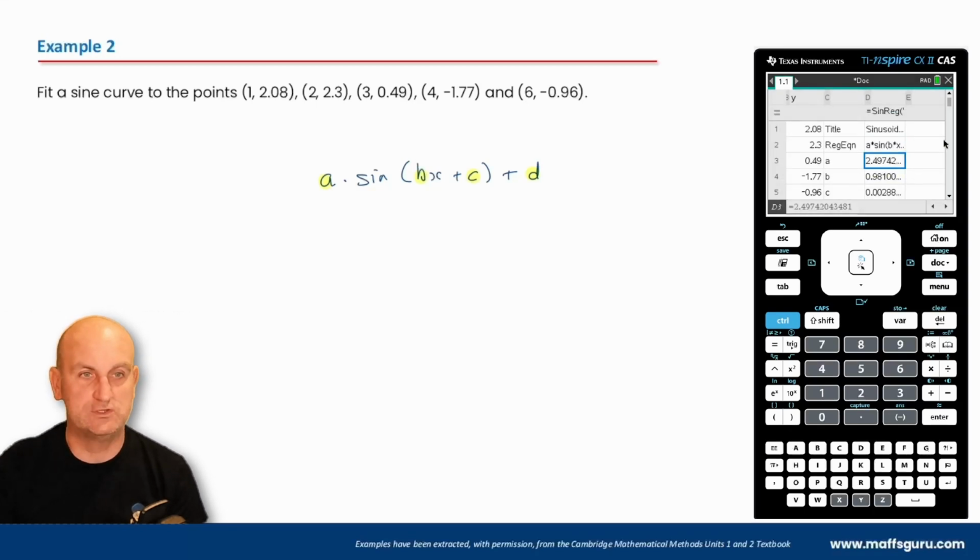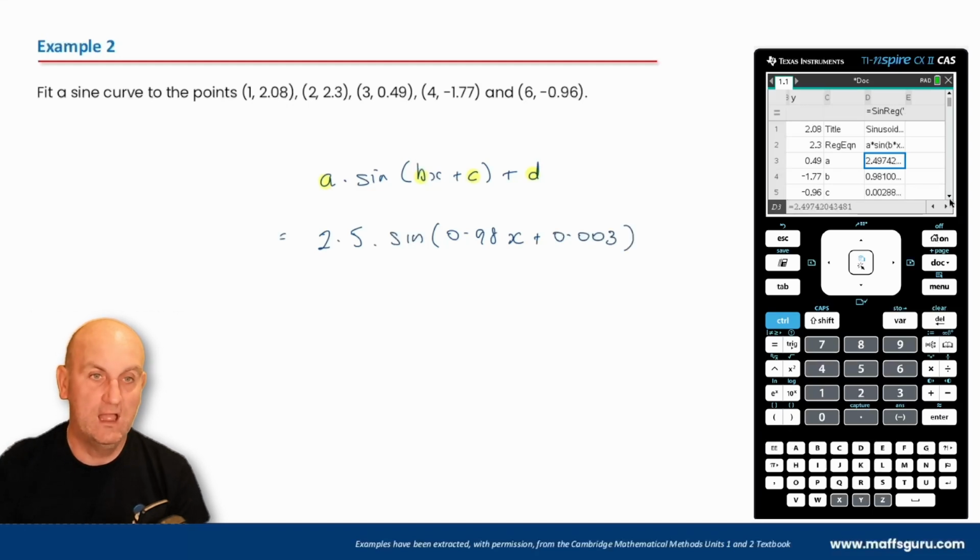So my A value is 2.497. So for those 5 points, approximately we're going to have something like 2.5 as my value of A, times the sine of B, which is 0.9810. So I'm going to say 0.98 times X plus my C value, which is 0.002, so plus 0.003, close brackets, and my D value is minus 0.001.